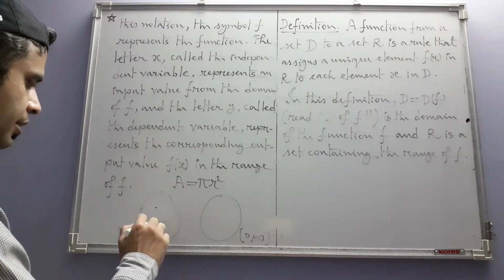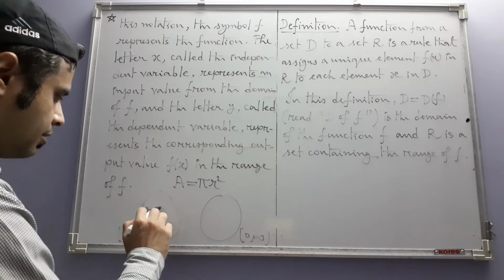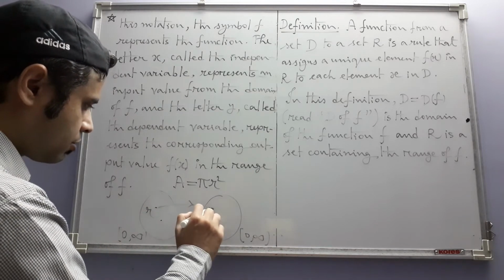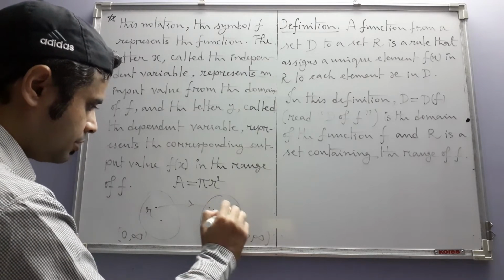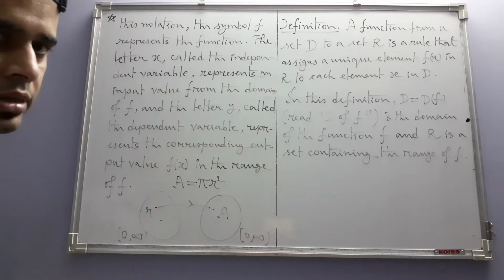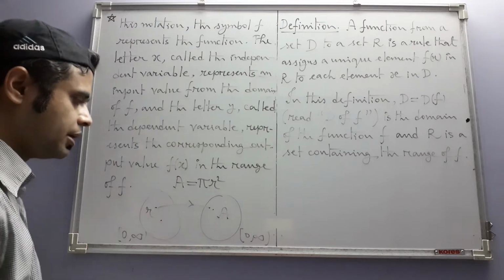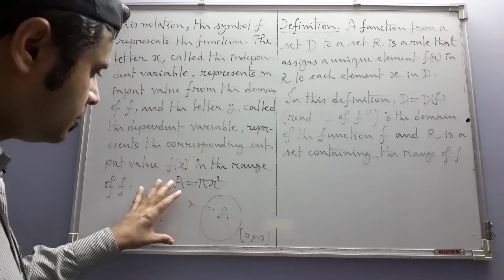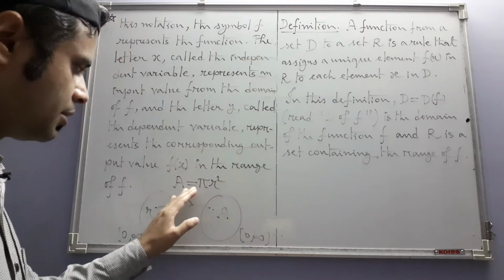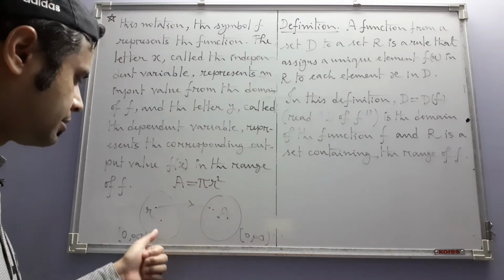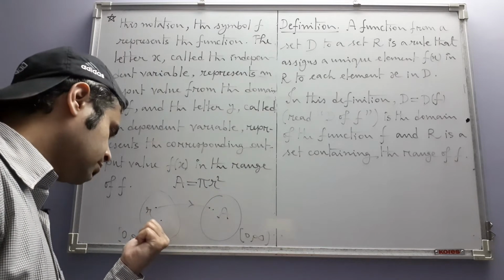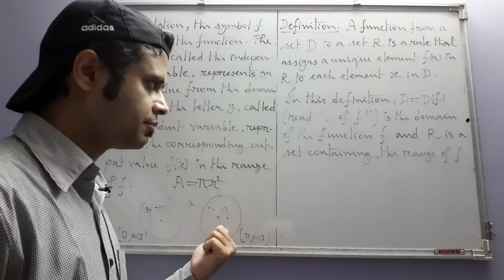For any non-negative real number r, there is a corresponding non-negative real number A as the area of the circle whose radius is r. So in this description of the circle area function, the sets involved were the domain of the function and the range of the function.